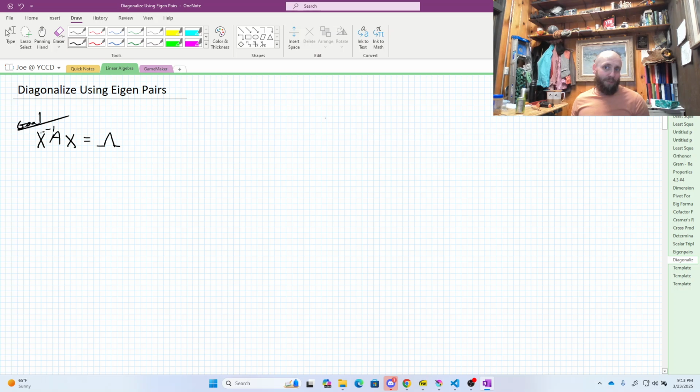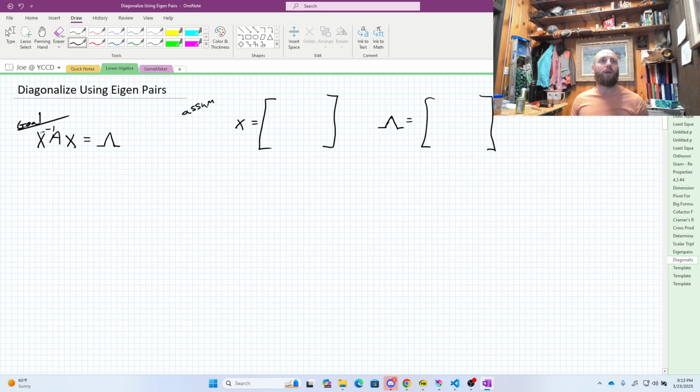So I'm going to construct a couple of matrices, a matrix X and a matrix lambda. The way I'm going to construct those matrices is to assume that I can find a whole mess of eigenpairs. Let's put that up here.